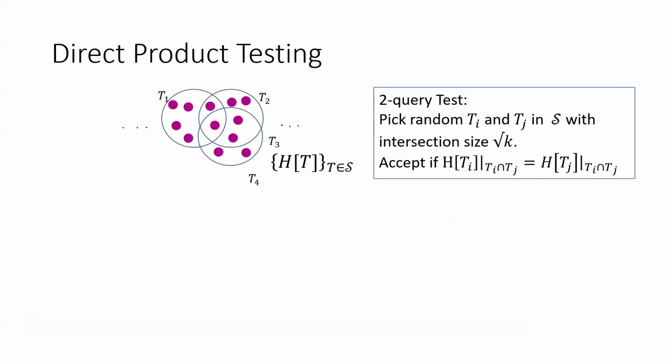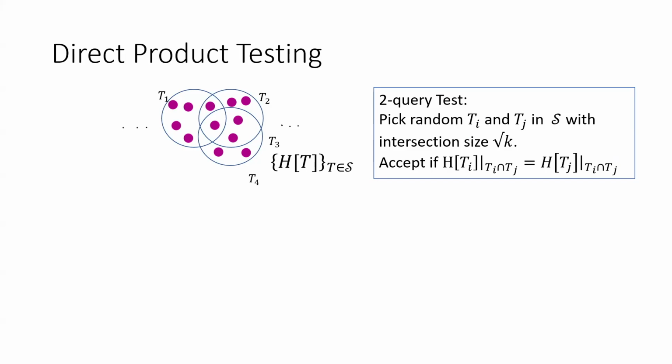Let's say you have some arbitrary table h of T. You want to test whether it is equal to the direct product encoding of some function. So you can perform a natural two-query test, which just picks two sets, Ti and Tj, and tests whether h of Ti is equal to h of Tj on the intersection.